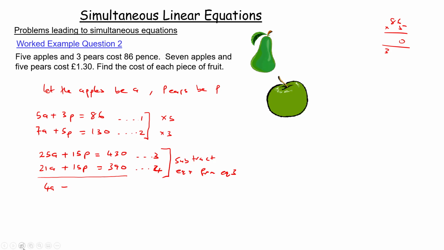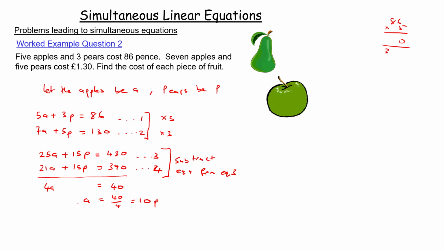There's no plus there because they cancel each other out. And that's going to be equal to 430, take away 390, it's 40. That means a is going to be equal to 40 divided by 4, which is 10. So 10 pence.